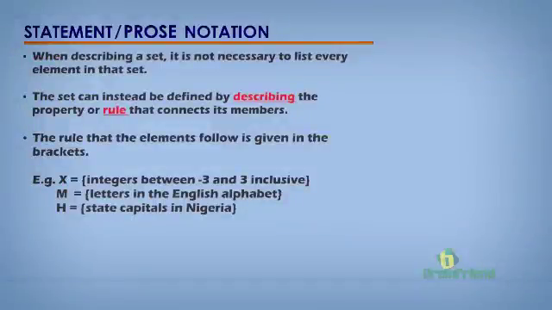The second method of representing a set that we have is the statement or the prose method. When describing a set, it is not always necessary to make a list of the elements of our set. The statement or prose method can be used instead to simply define or describe the property or the rule that connects the members of our set.